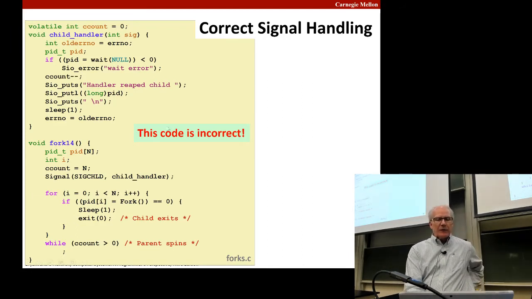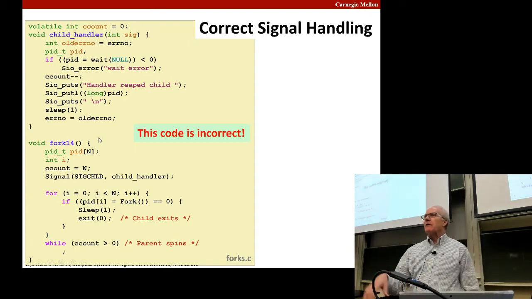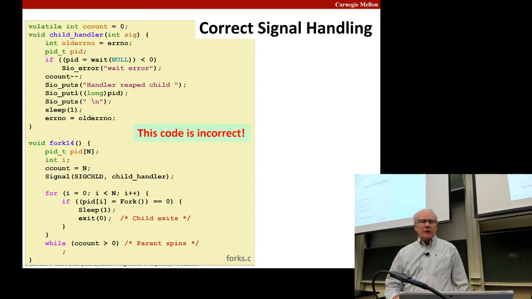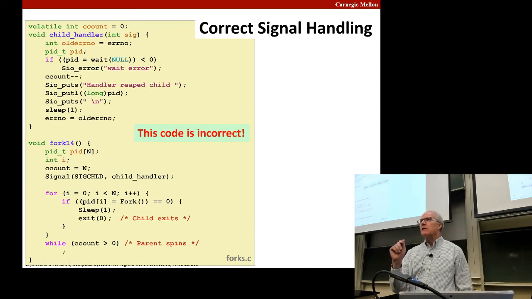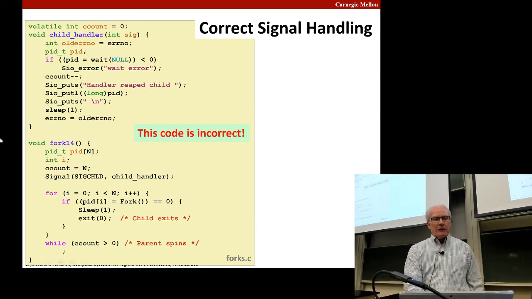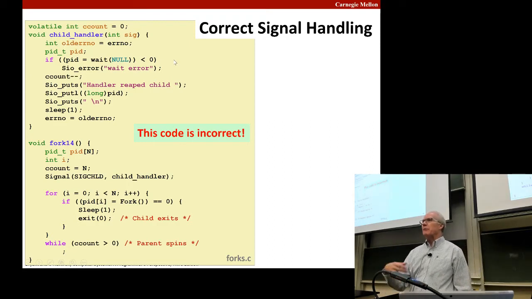And the problem is this business that signals don't queue up. So if multiple children exit and deliver their SIGCHLD to the parent before that signal handler gets fired up, this handler is only going to wait for one of them and reap one of them, and the rest of them won't.